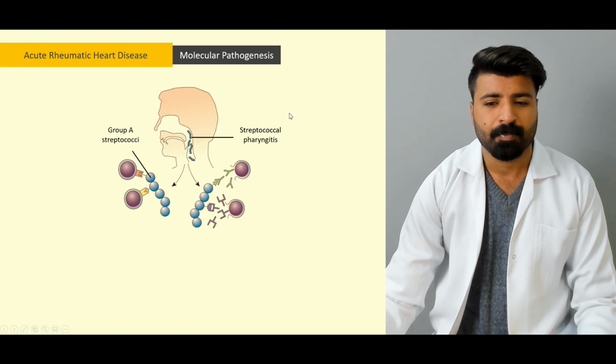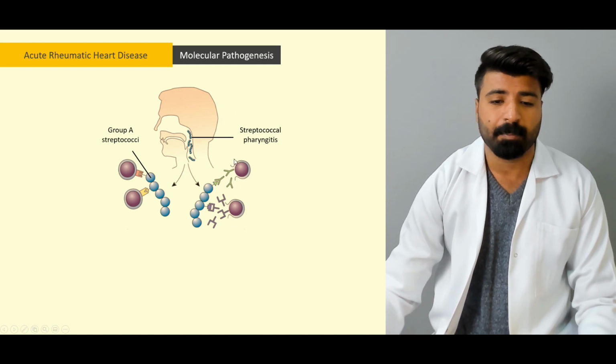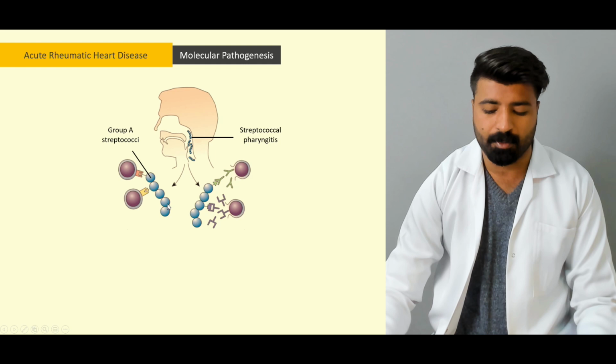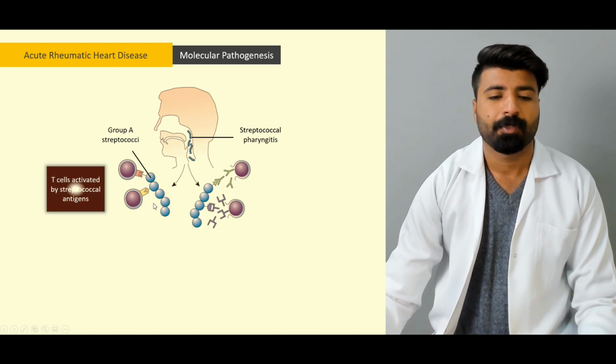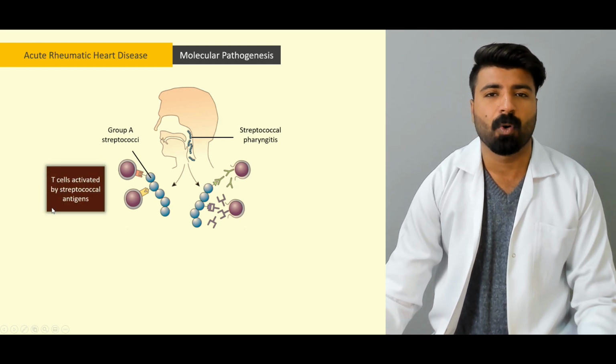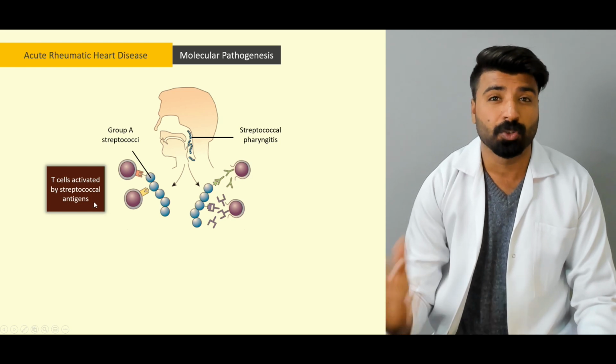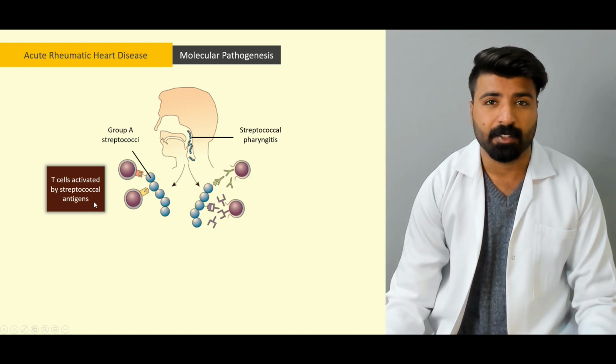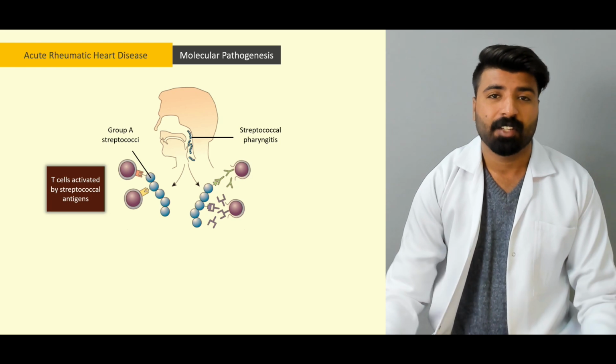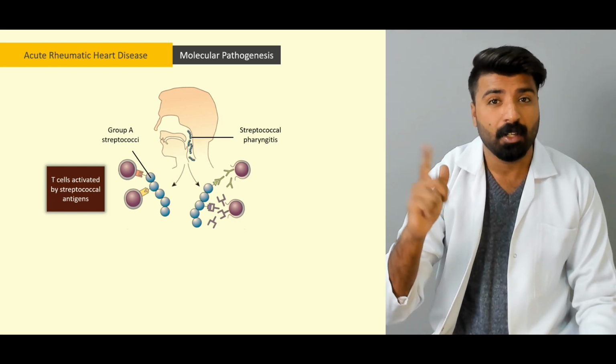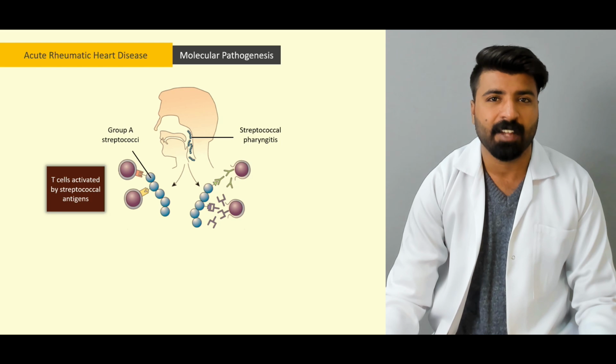Streptococcal pharyngitis. When streptococcal pharyngitis is happening, now look at these cells going in. So what will happen? T cells are activated by streptococcal antigens. I told you there will be two systems which will be activated. It will either be T cells, or B cells, which form the antibodies to fight this kind of antigen.